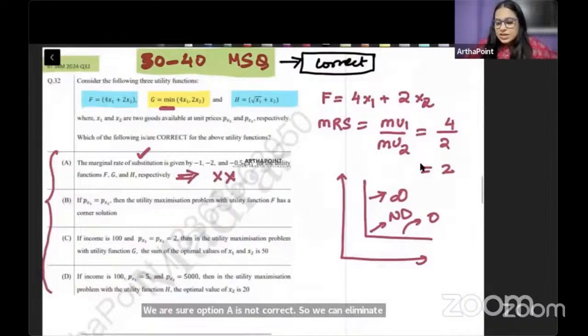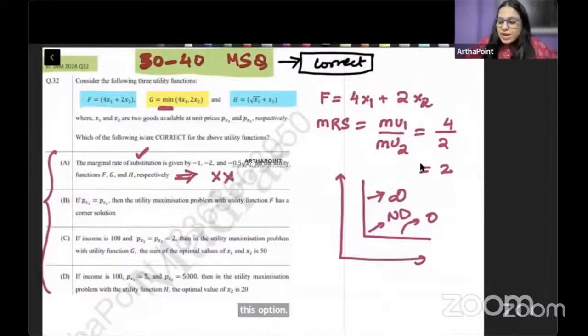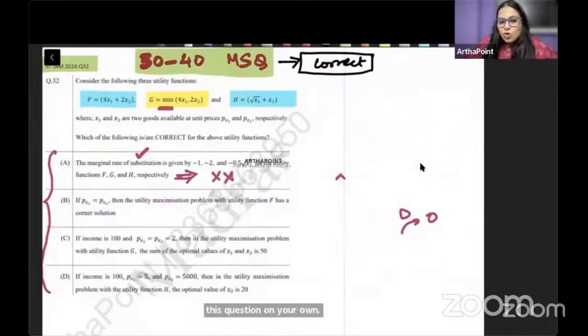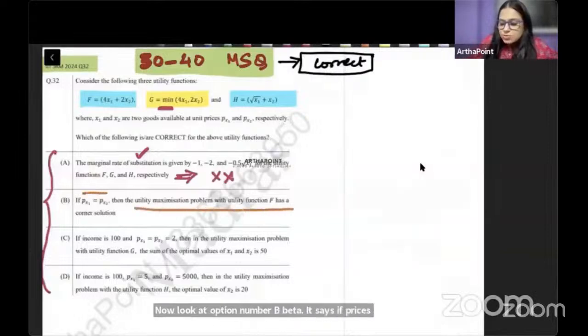Correct. Okay. I'm going slow so that by that time you can solve this question on your own. Now look at option number B, beta. It says if prices are equal, the utility maximization problem with utility function f has a corner solution.